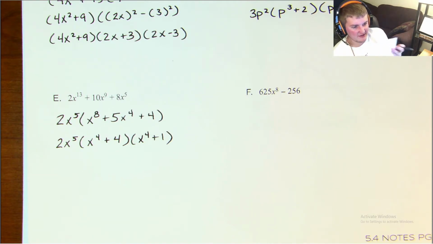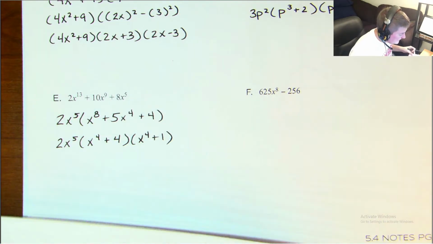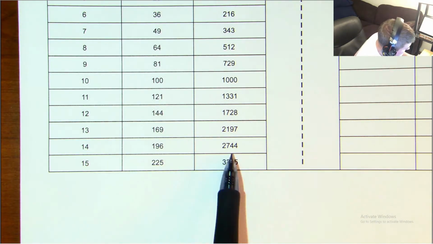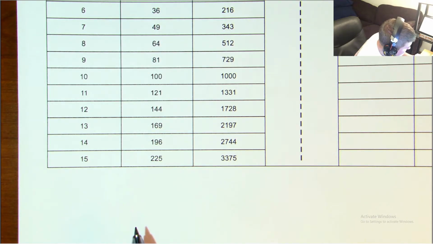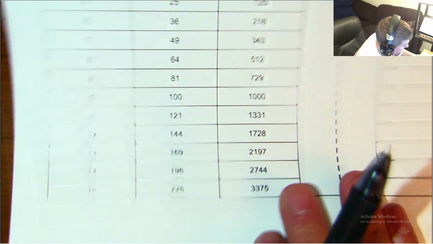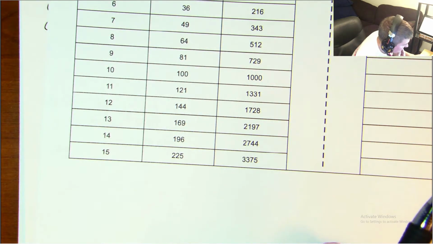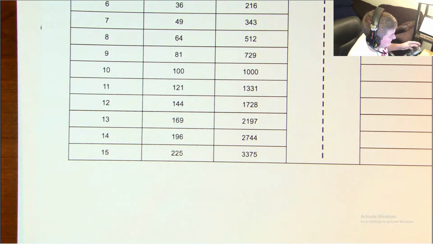So let's check and see if those numbers are perfect squares or cubes on our sheet. 625 is the first one I'm going to look at. Doesn't seem to be on it, so let's try 256.